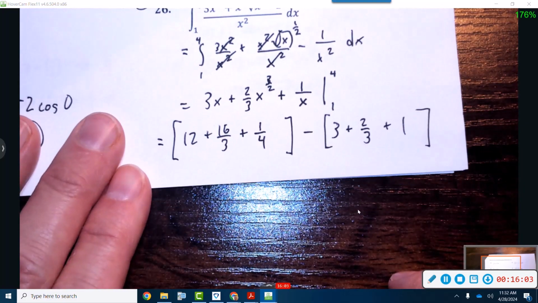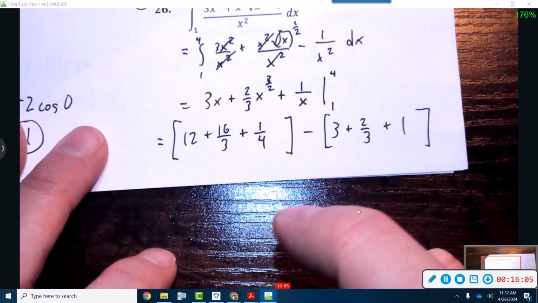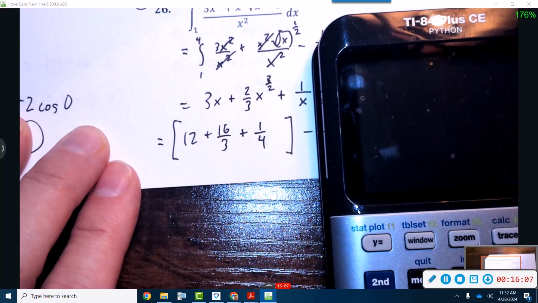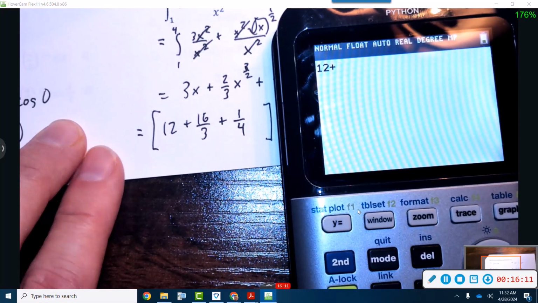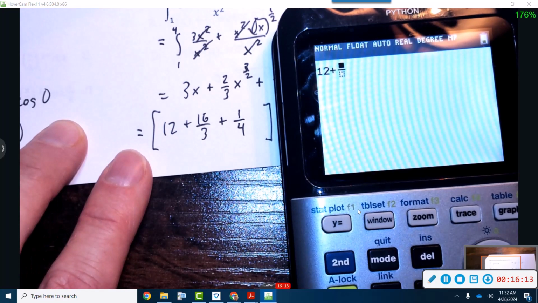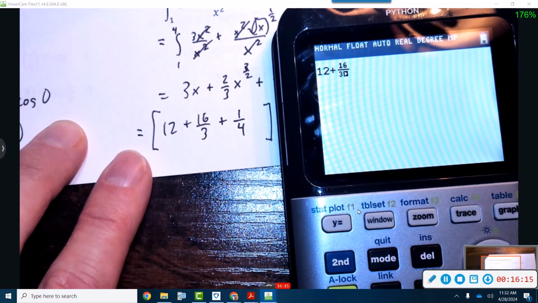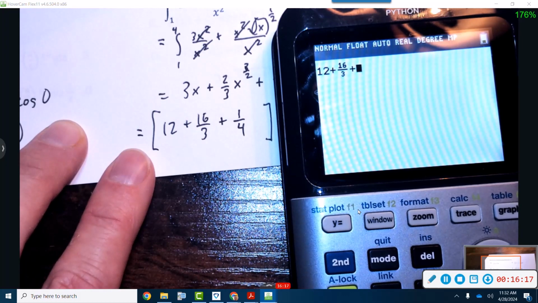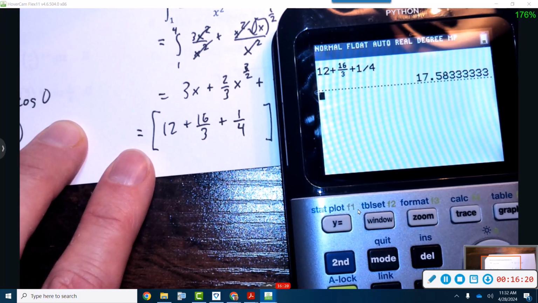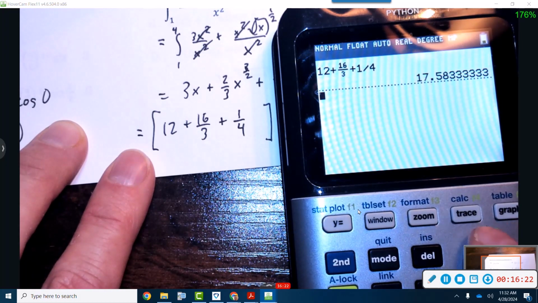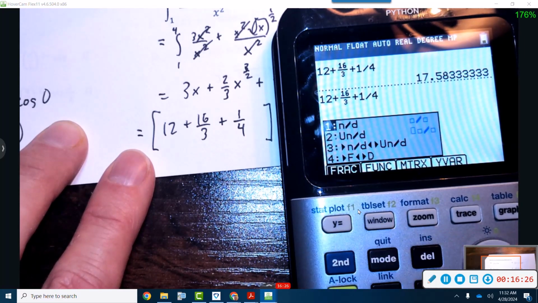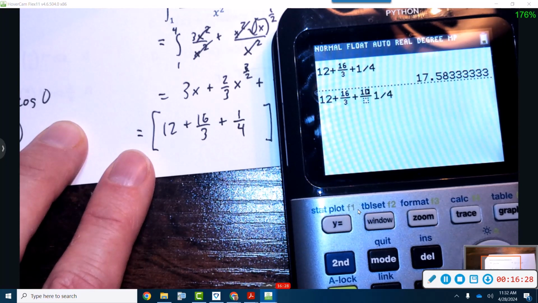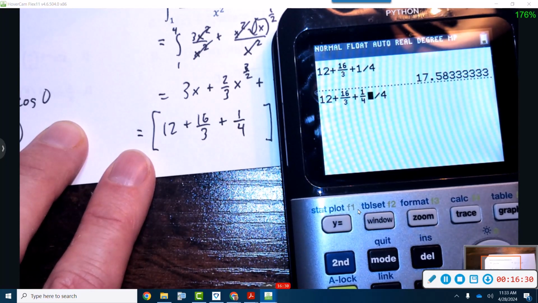Okay, well, oh man, I do not trust myself. Plus 16/3 plus 1/4. Oh, you know what? I know why it turned it into decimals. I shouldn't have done that. I should have went like this. If I do this, I believe it keeps it in fractions.